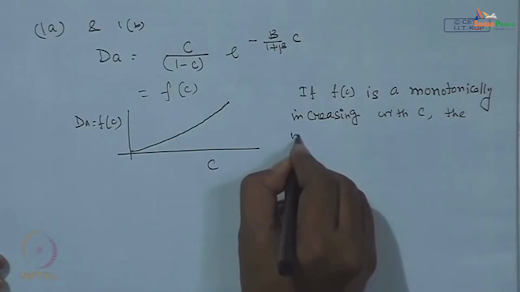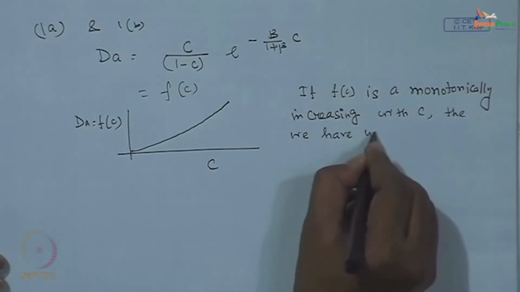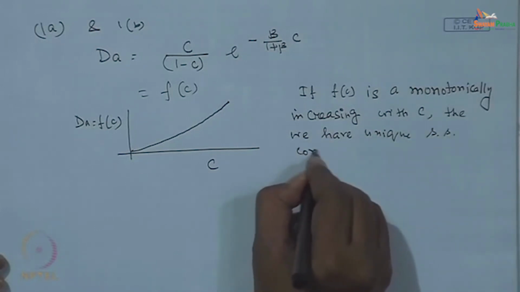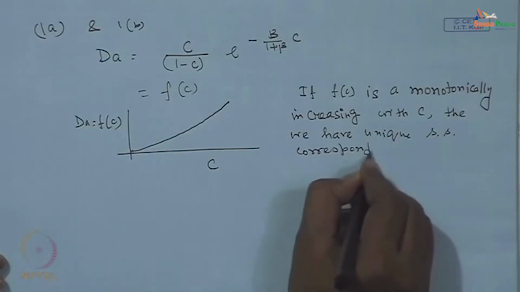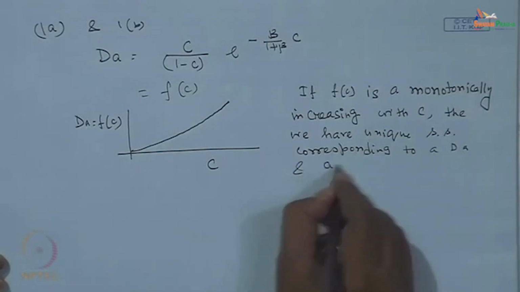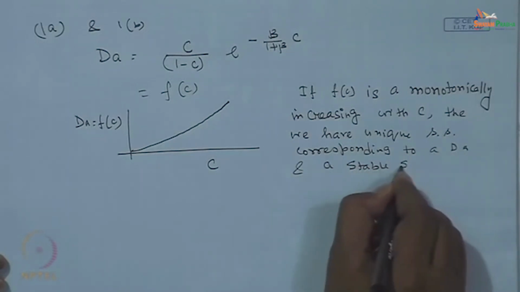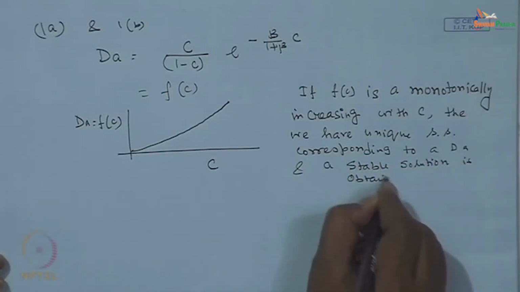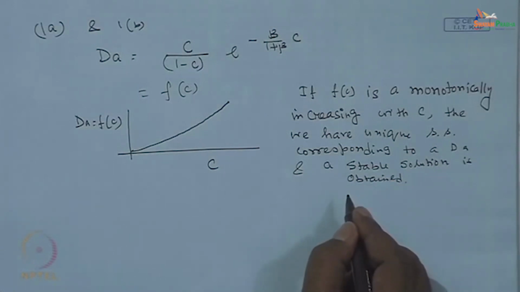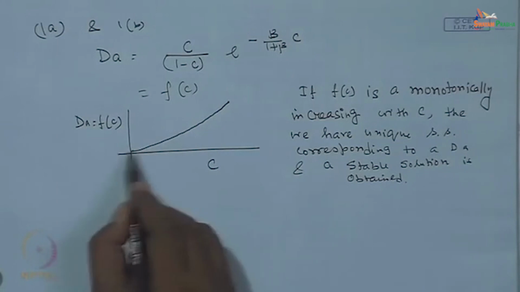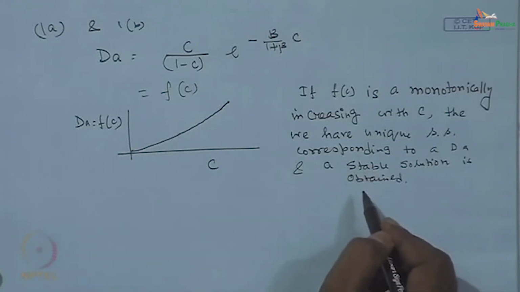Then we have a unique steady state corresponding to a Damkohler number, and a stable solution is obtained. This we have proved earlier during the discussion of contraction mapping: if f(C) is a monotonically increasing function with concentration, then for that particular Damkohler number we will get the stable steady state.